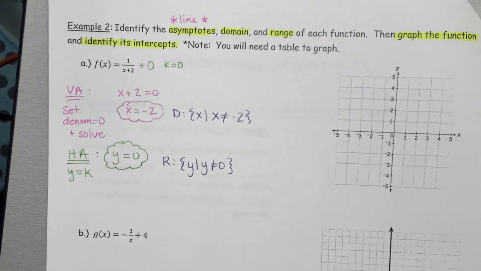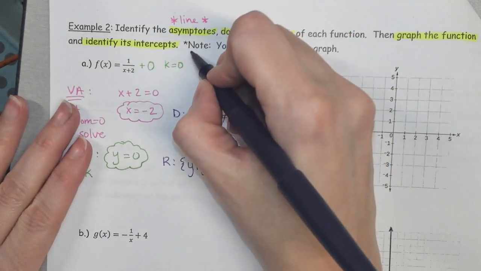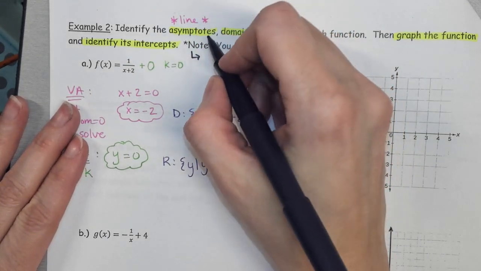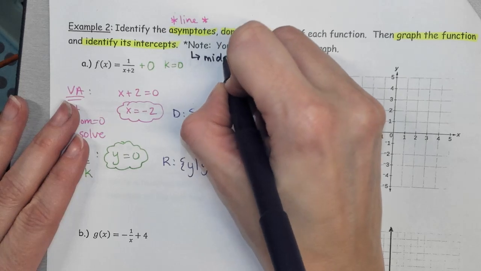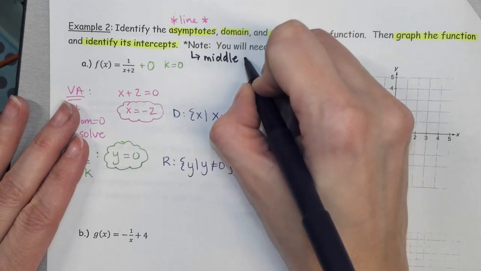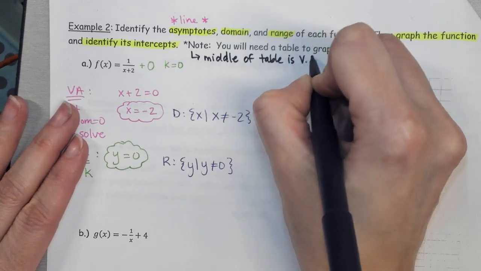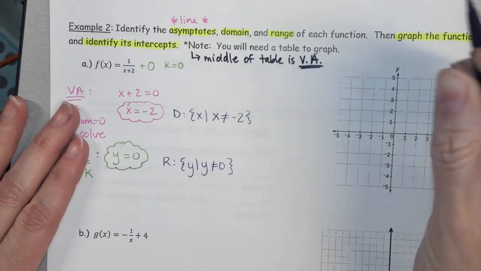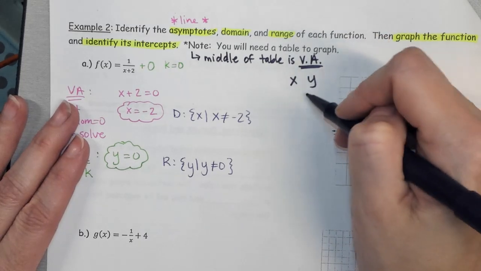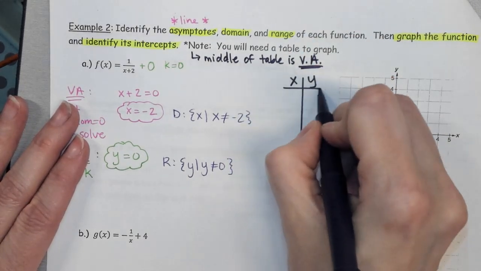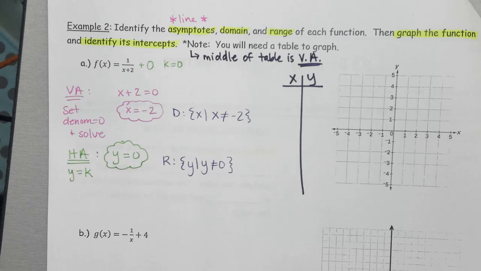Now we're going to make tables for the graphs. We're going to make one big table. In order to find some nice values, we're going to remember that the middle of the table is the vertical asymptote there. So the middle of our table is going to be the vertical asymptote, and we're going to do this a little bit differently.